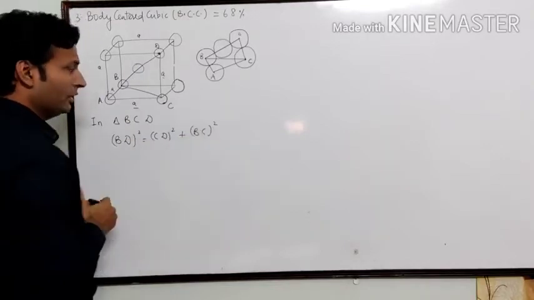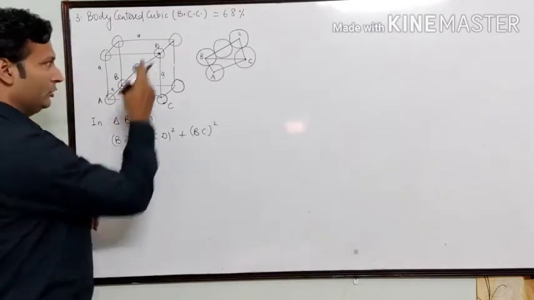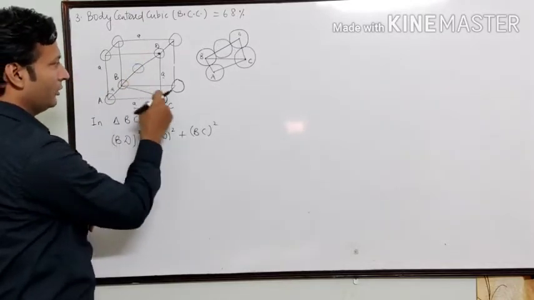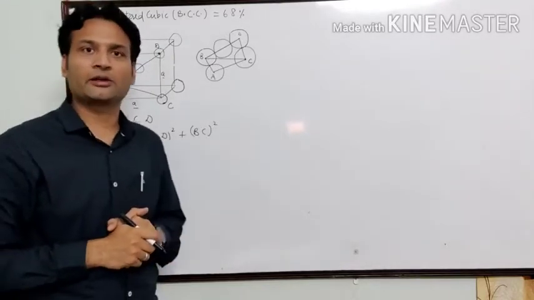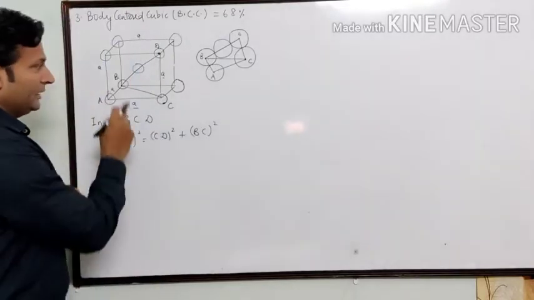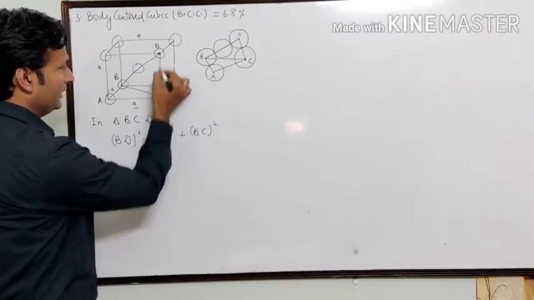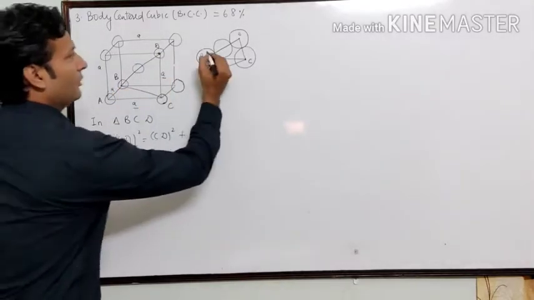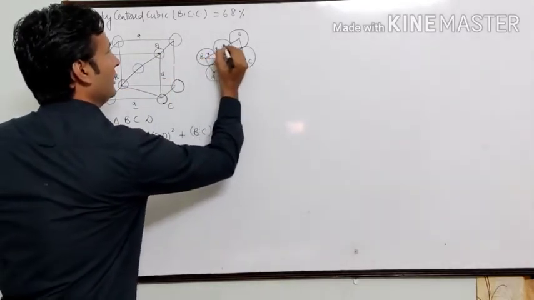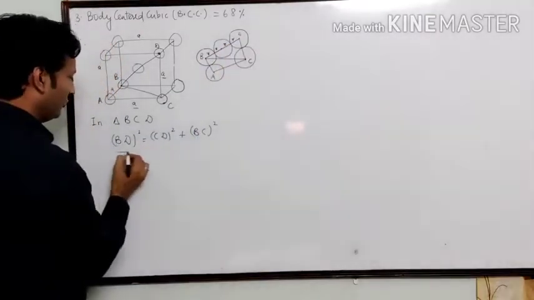Now a student may ask what is the need of the second triangle, because in this triangle the corner and center particles are covered, so what is the need of the second triangle. So you can easily see that C to D is A. It is edge length A. B to D we can calculate that it is R, R, R and R. It means B to D is 4R.